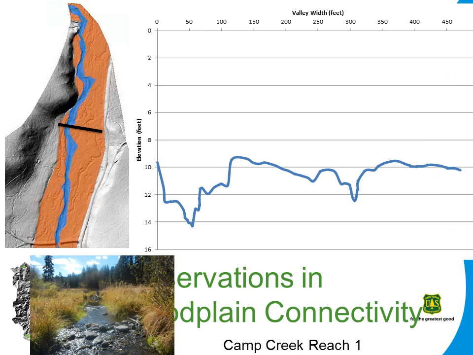We surveyed the channel characteristics with a laser level to evaluate the channel and floodplain form at the location of the black line. The diagram to the right is that survey or cross-section. The peak flows get trapped in the incised channel because of lack of floodplain connectivity.